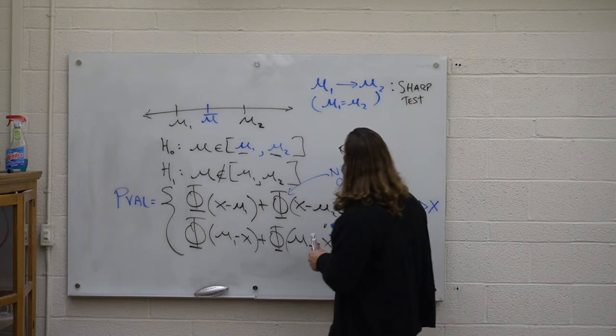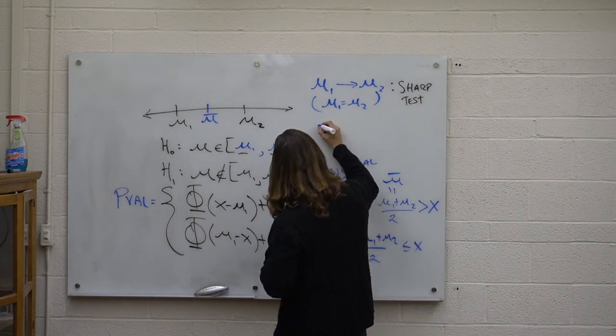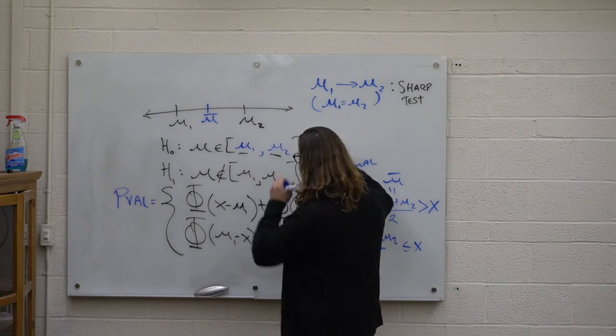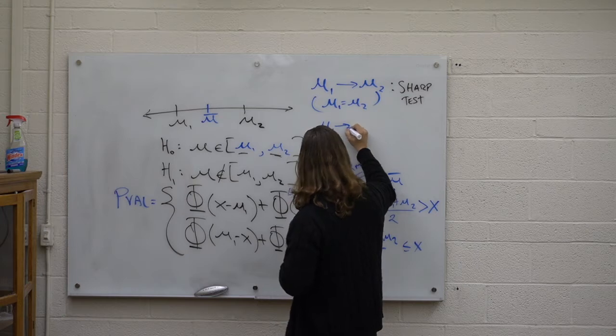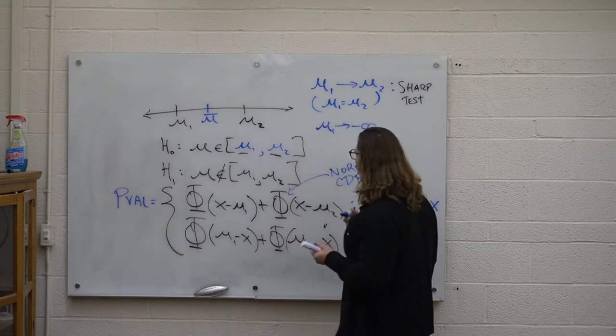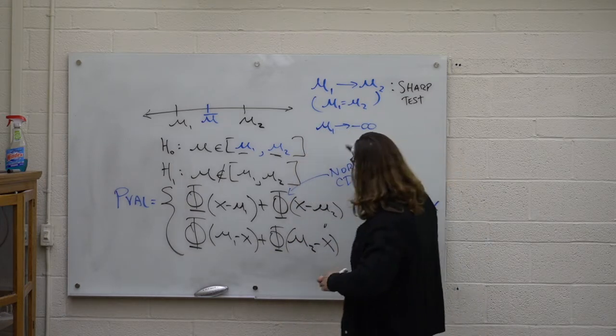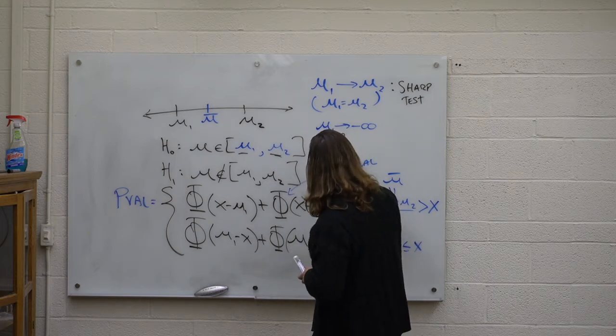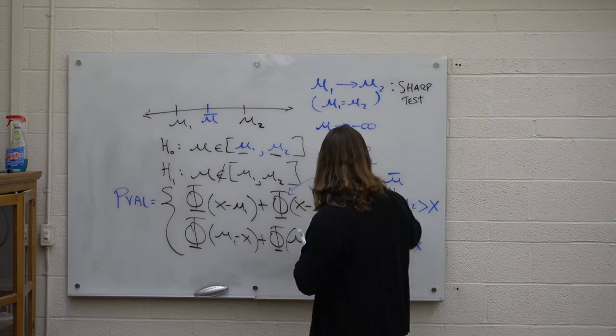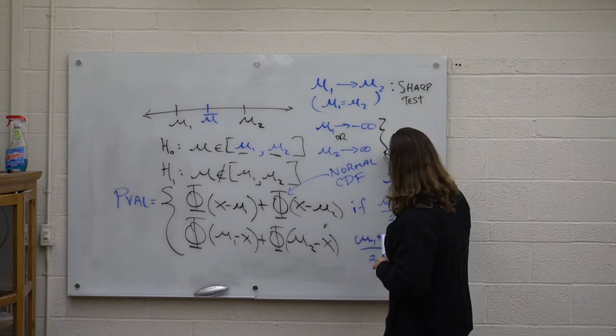And for the one-sided test, that might be something like where I have mu1 going to negative infinity. Or mu2 is going to go out to infinity. So these are the one-sided tests.